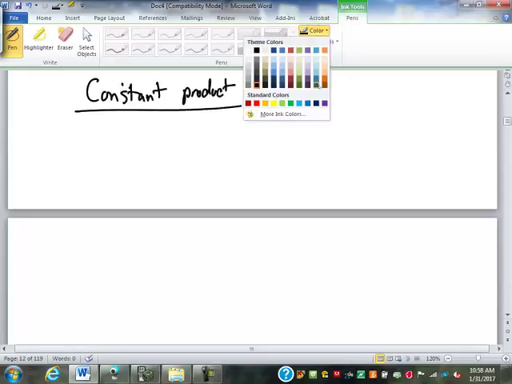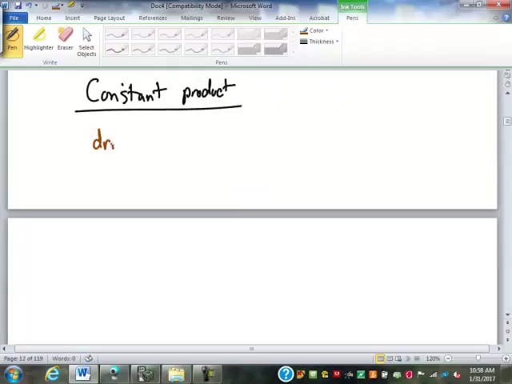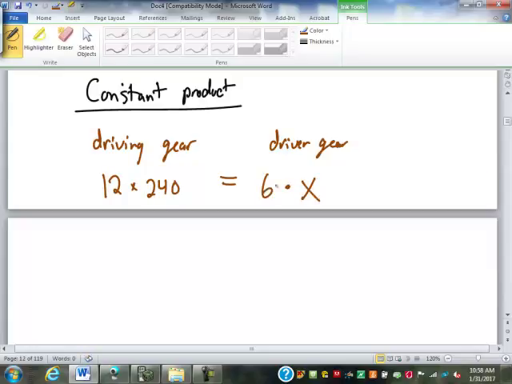So here we'll describe the driving gear here and the driven gear here. The driving gear can be described as 12 teeth at 240 RPM. The driven gear can be described as 6 teeth times X RPM.